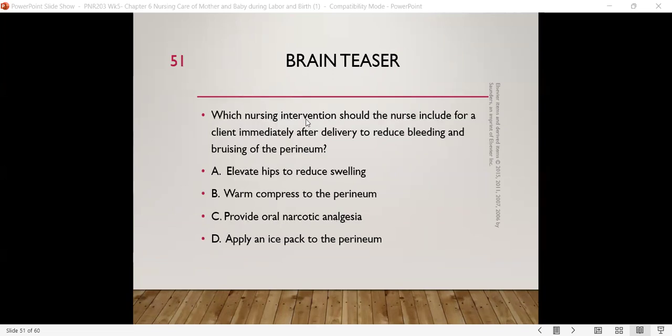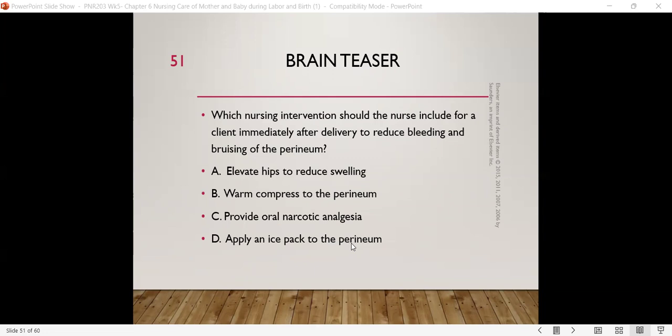Another one, which nursing intervention should the nurse include for a client immediately after delivery to reduce bleeding and bruising of the perineum? Okay. Well, I know if she has bleeding, she has bruising in the perineum, I know it gets edematous, then I want to put ice packs on that perineum to decrease that.